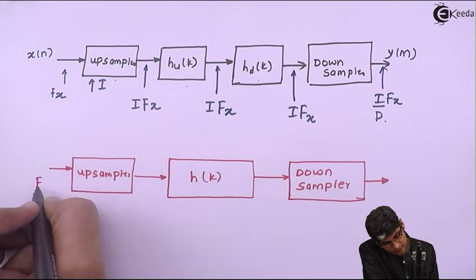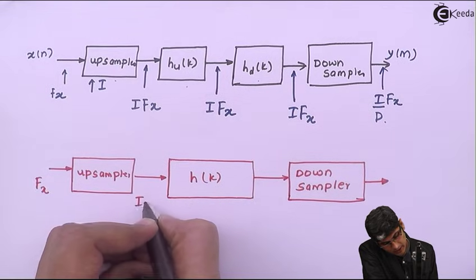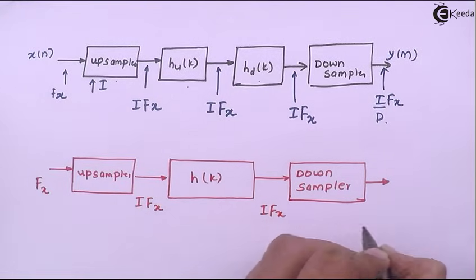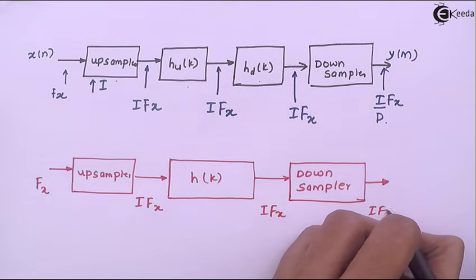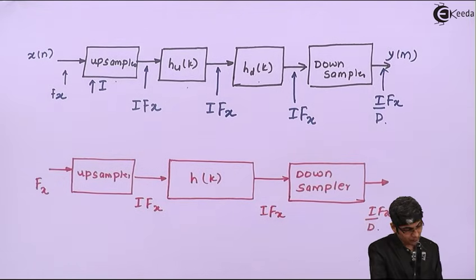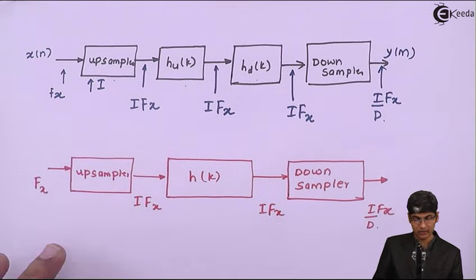This will work at fx, this will work at I fx, the output will also be I fx, and then here the output will be I fx by d. There is the same rate, and this is a low pass filter.